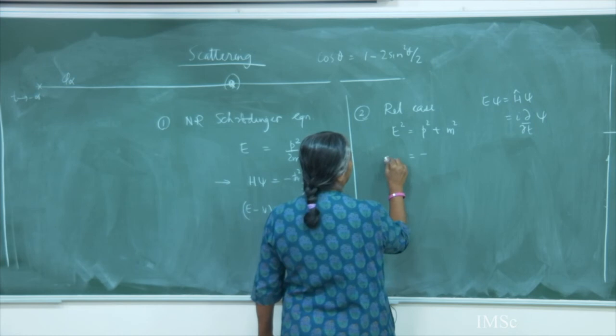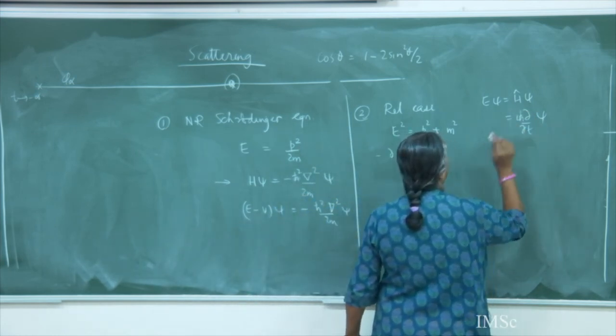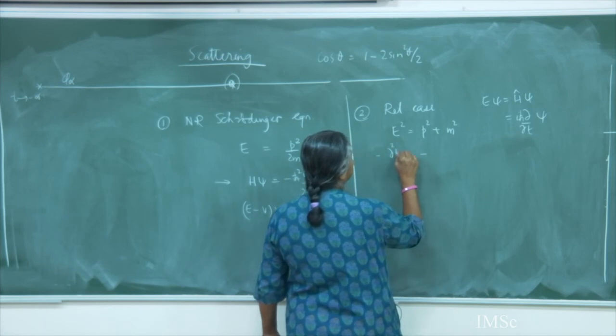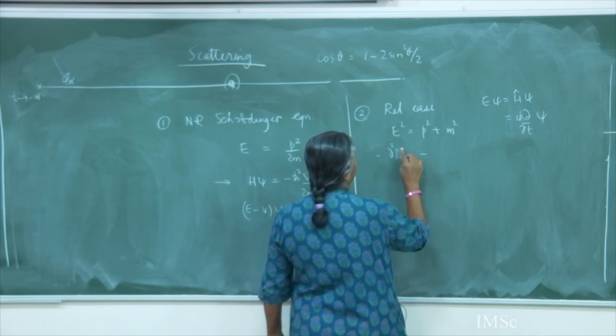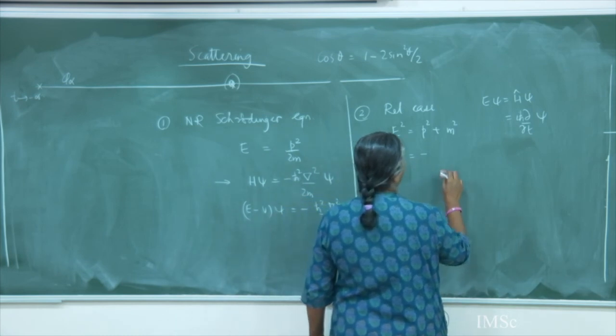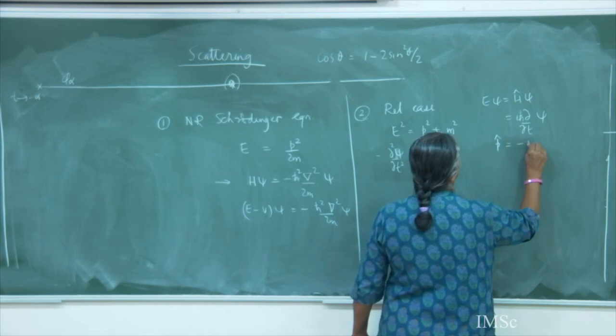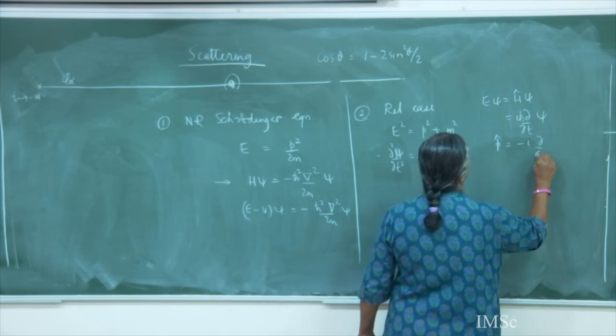Okay, so I have minus, there is an h cross squared, I am going to drop that, minus d squared psi by dt squared is equal to, so this is P, i d by dx.